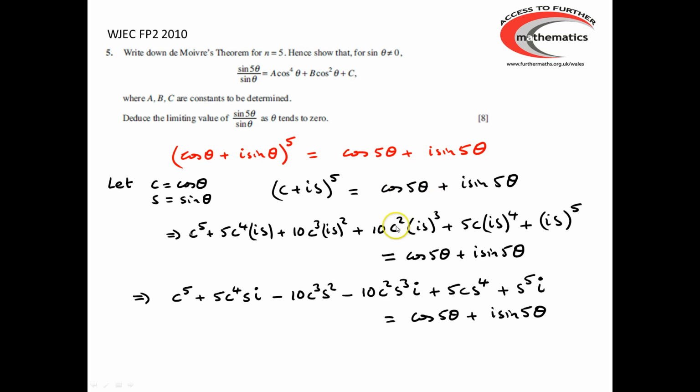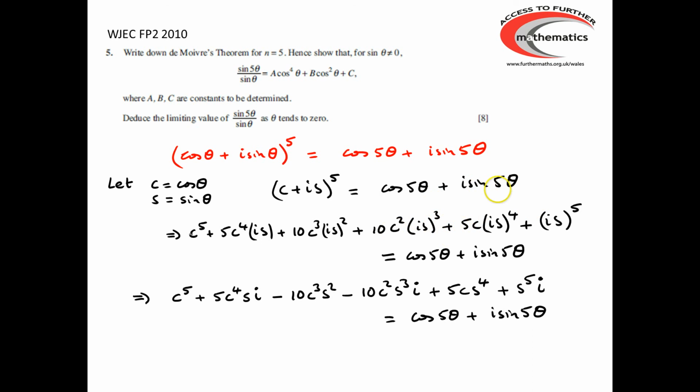The next term along, we've got 10 c squared i cubed s cubed. i cubed is i squared times i, so that's minus i. So that term is minus 10 c squared s cubed i.